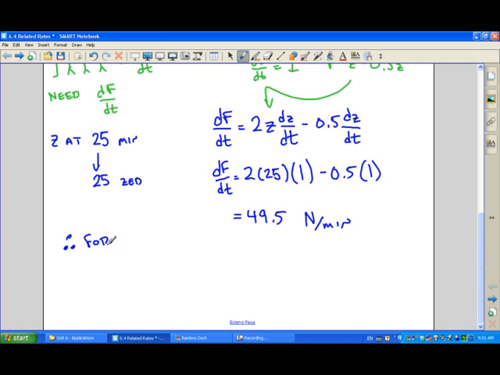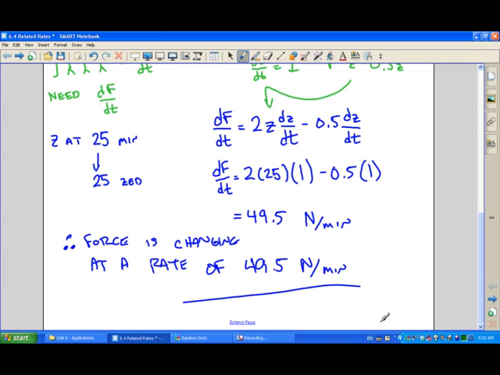So force is changing at a rate of 49.5 newtons per minute.